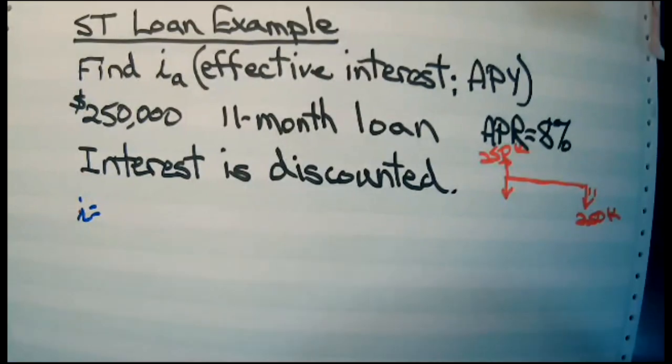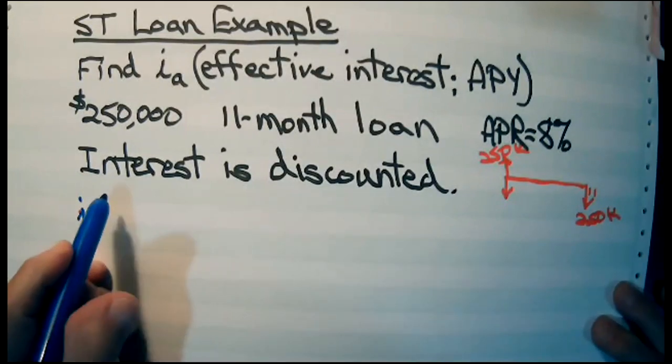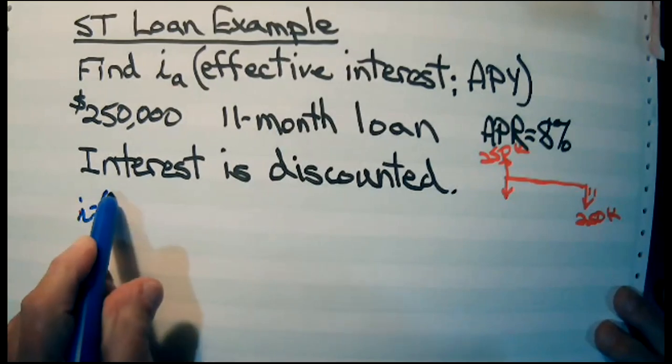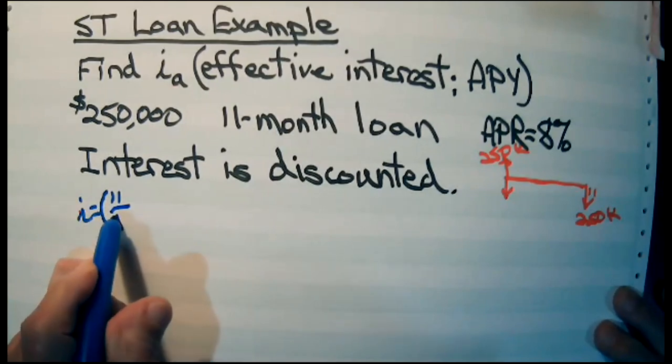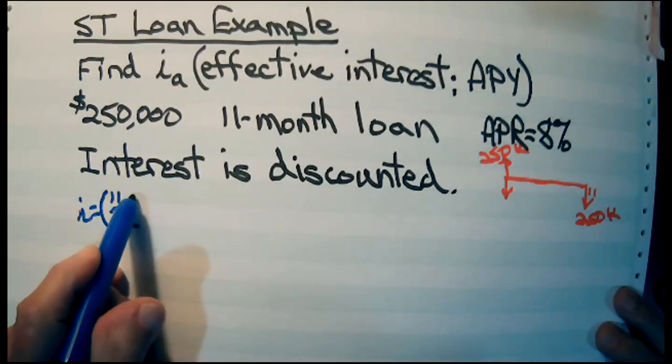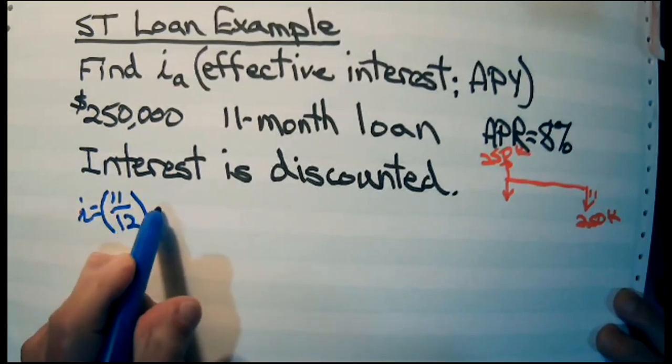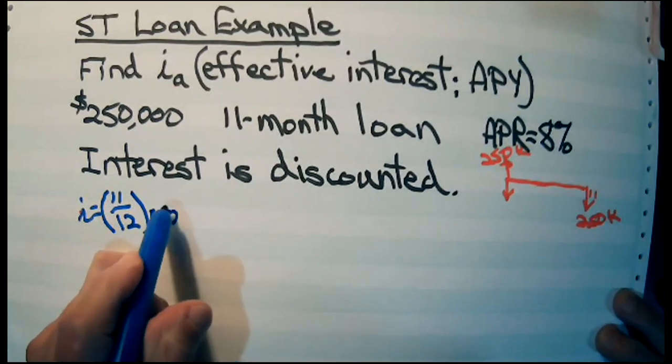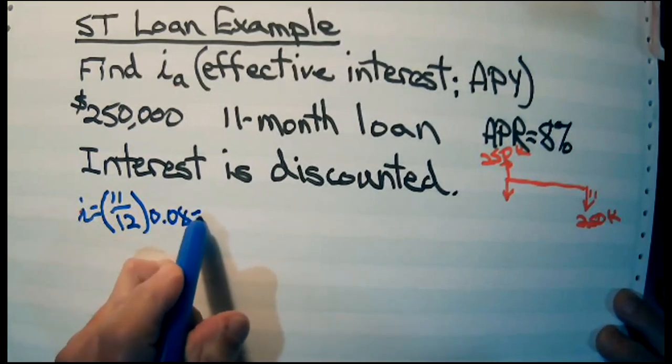We'll calculate these values just like we had them on the previous screen here. So 11/12, the period over which we have the loan divided by number of months, times the APR, 0.08.